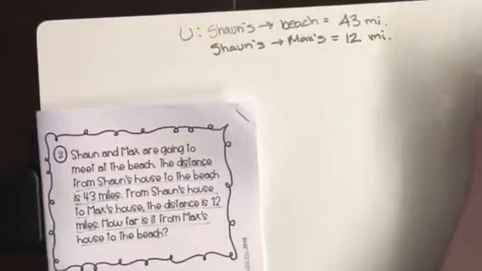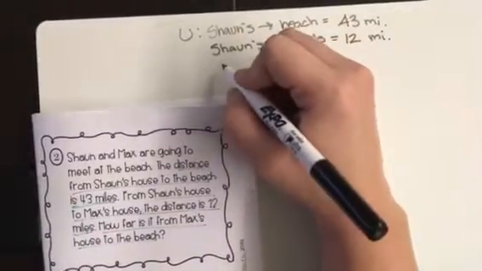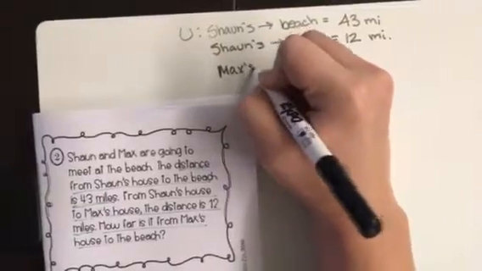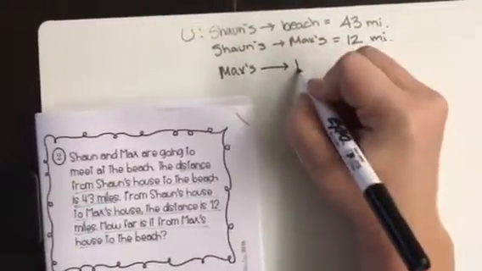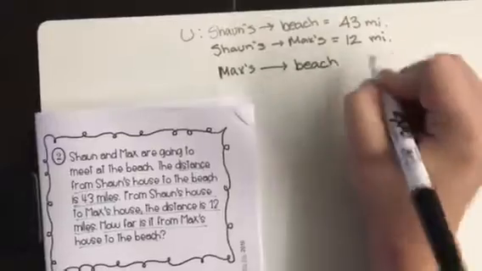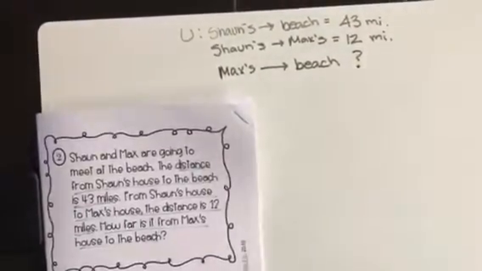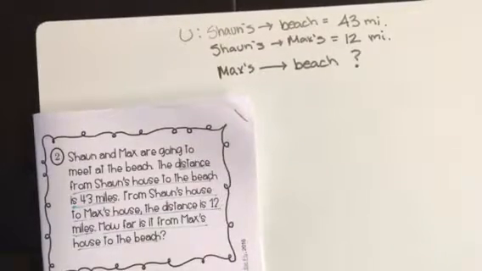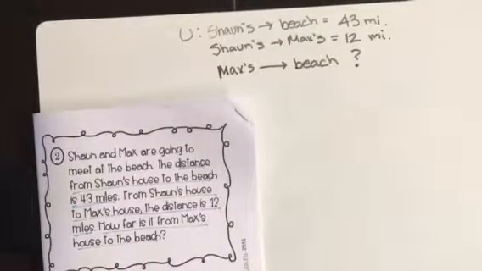And then we're looking for how far it is from Max's house to the beach. And that's what we don't know. That's what we're trying to answer. So that's all they would do for the U section.